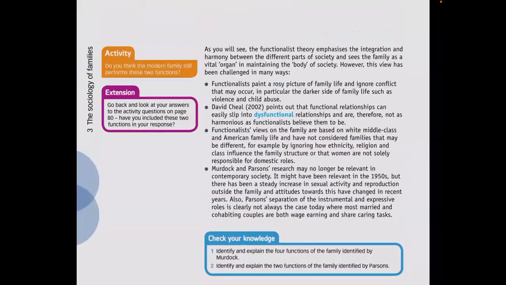Another criticism that I'm going to tell you, beyond what has been given over here, is this perspective called the cereal packet family. Cereal as in cornflake cereal. This was introduced as a criticism, that functionalists present a very cereal packet image of the family, and it is not realistic at all.